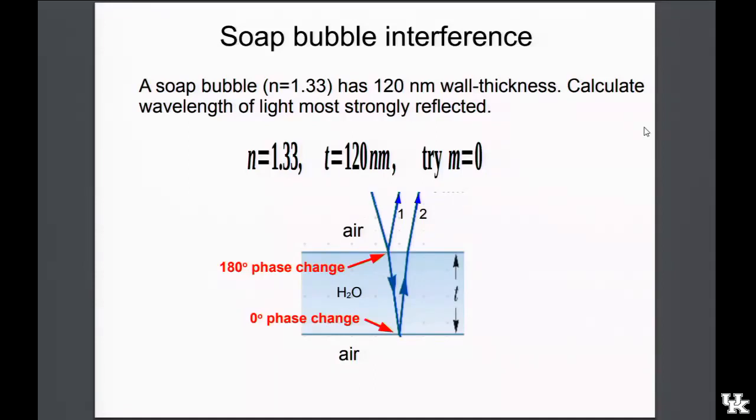So there'll be a certain wavelength of light where the light reflected off the top surface and the light that goes the extra distance through the soap bubble down to the bottom surface and back up again comes out with 0 degrees phase difference. It interferes constructively.